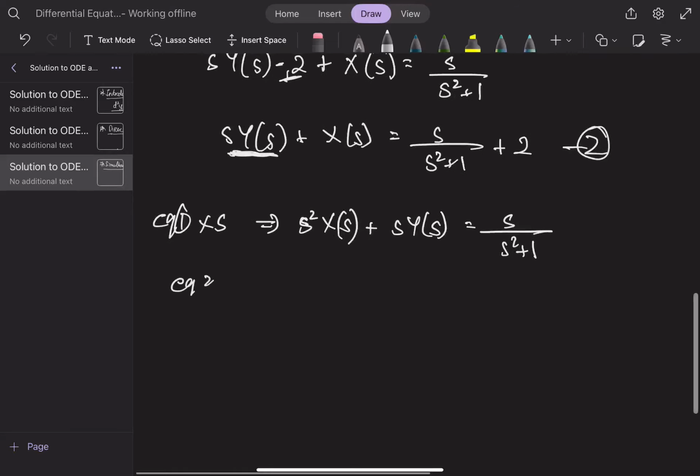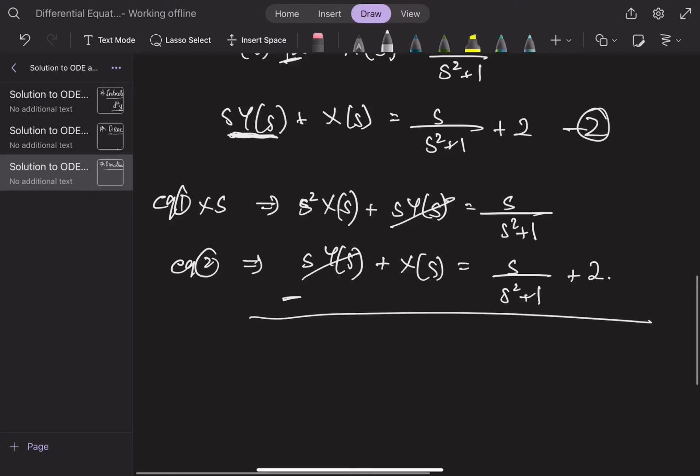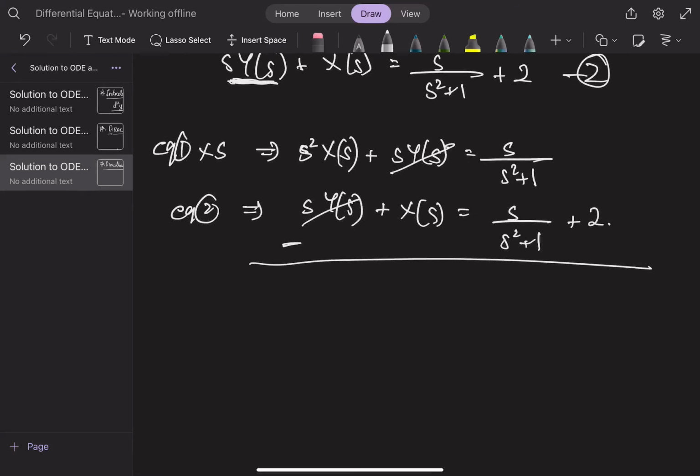And your equation 2 is sY(s) plus X(s) is equal to s upon s square plus 1 plus 2. Now let's subtract so that the terms get cancelled out. So sY(s) gets cancelled, and s upon s square plus 1 gets cancelled. So you're left with s square X(s) minus X(s) is equal to 2.